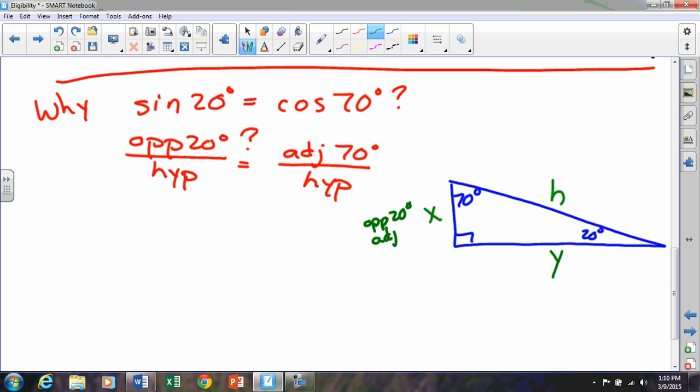It's adjacent to the 70 degrees. And it just leads us to the observation that sine of 20 was x over h. Adjacent of 70 is x over h. And so it's very easy to see then x over h is equal to x over h.